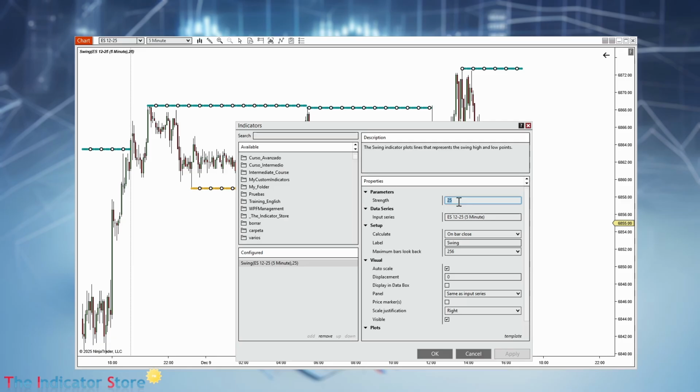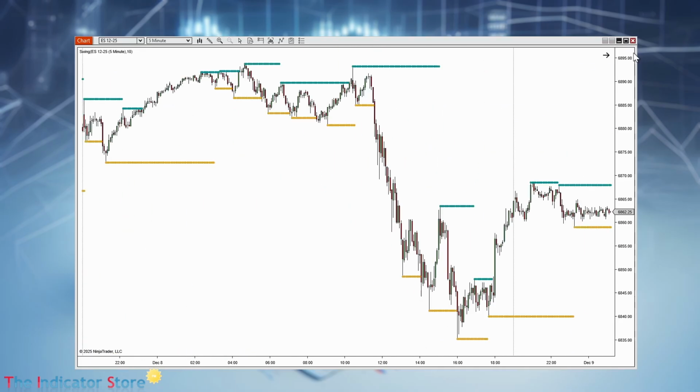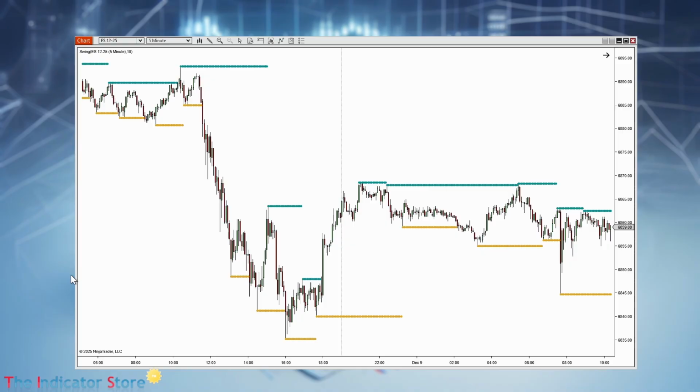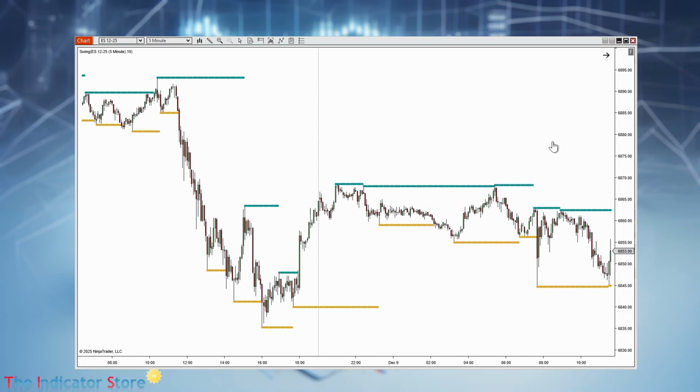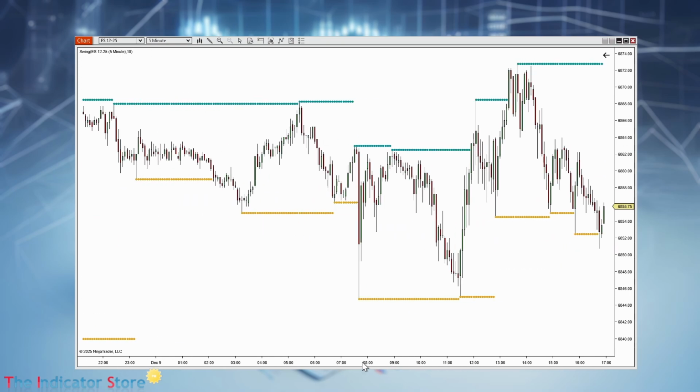So we can keep using the swing indicator, again with the strength not so big, not so small, and we get something like this. So the second problem is that there is no continuation, because it only paints one pivot high, one pivot low.